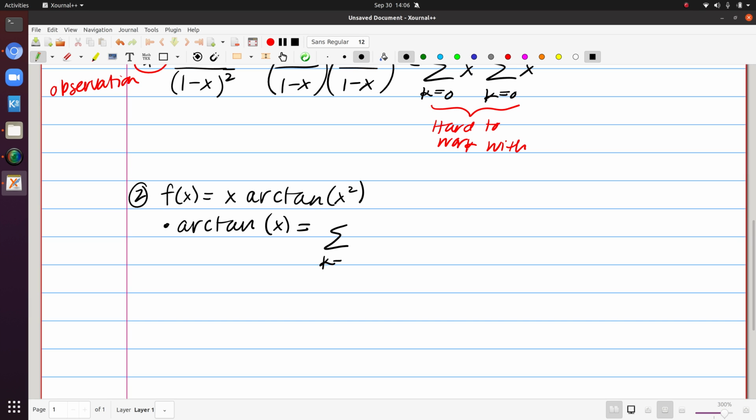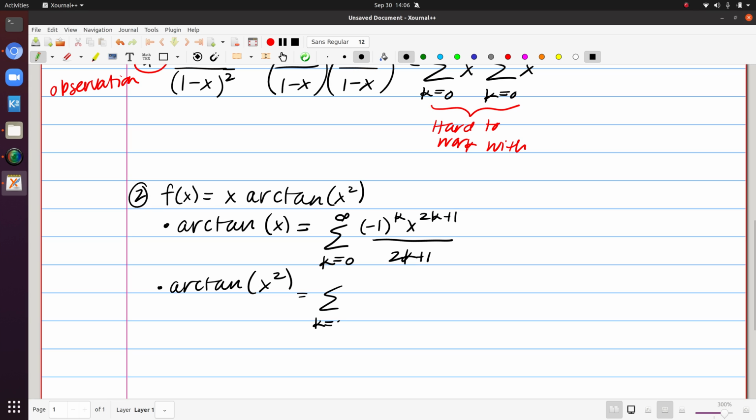The arctangent of x has the sum from 0 to infinity of -1 to the k, x to the 2k plus 1 divided by 2k plus 1. Now, I then can use that to find the arctangent of x squared, because that I can do with just function composition. So from what we've seen so far, in order to find this Taylor series, I only need to replace x with x squared.